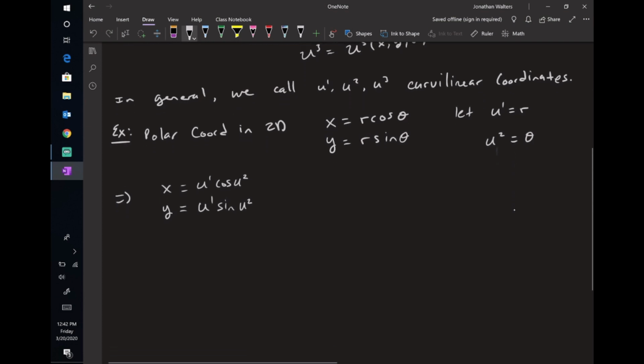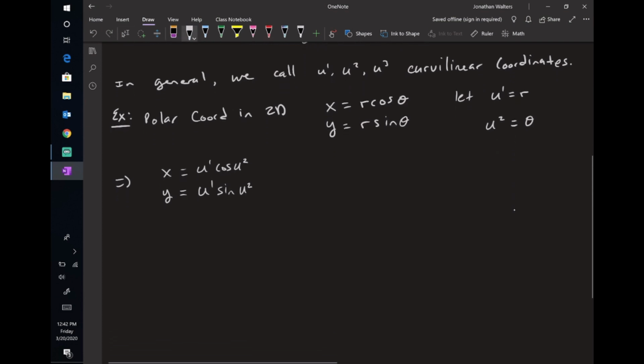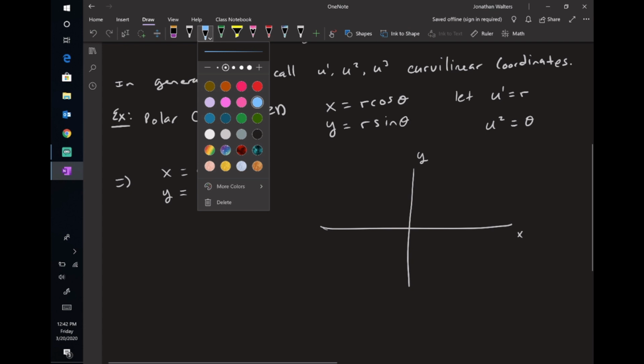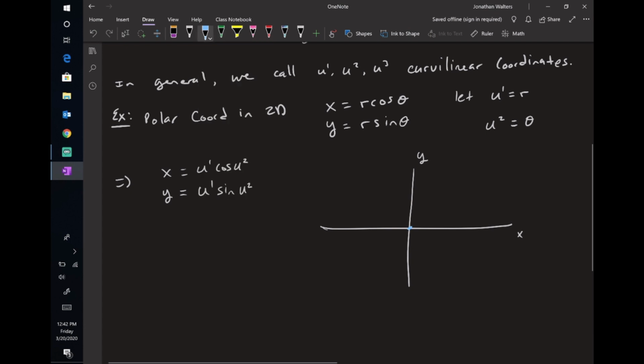If we draw out the coordinate system on a graph, we know that if we have xy coordinates like this, then in our curvilinear coordinate system, this is r equals 0, this is r equals 1, this is r equals 2, and this is r equals 3.